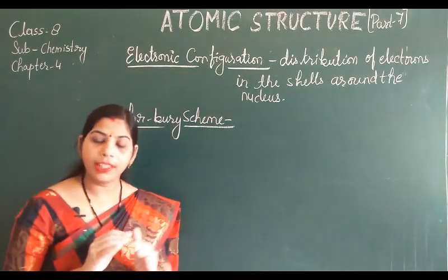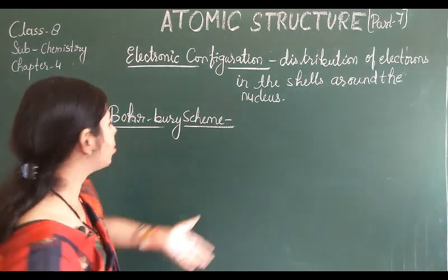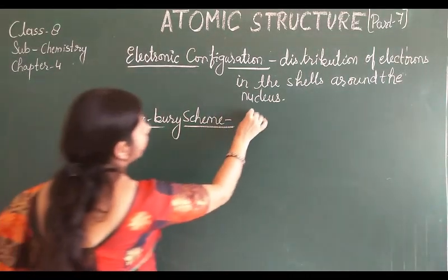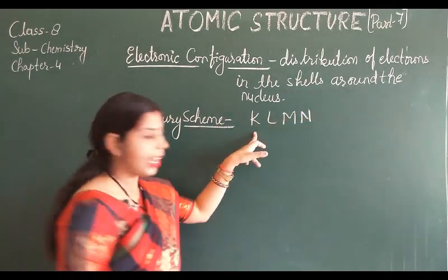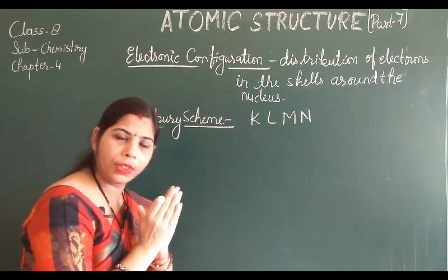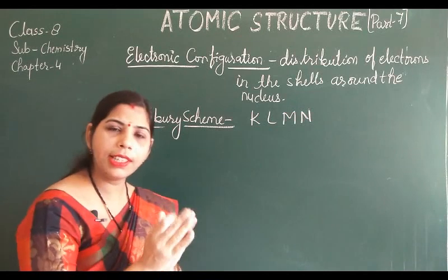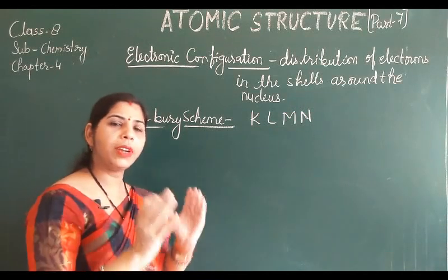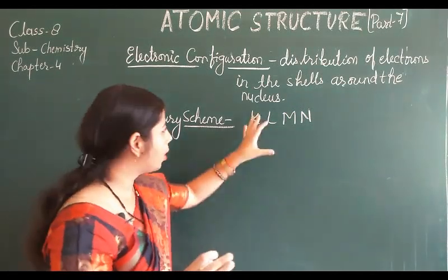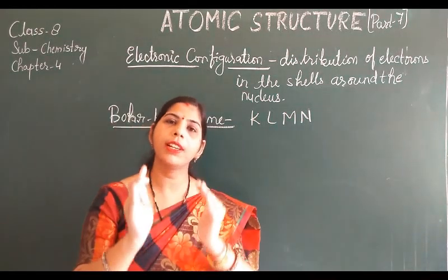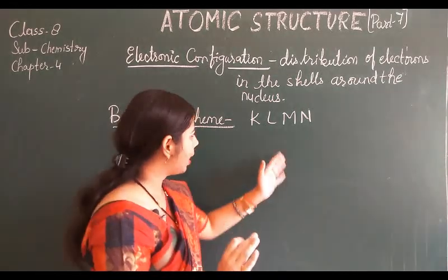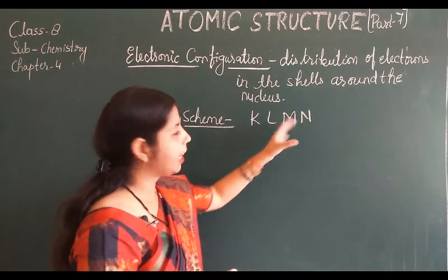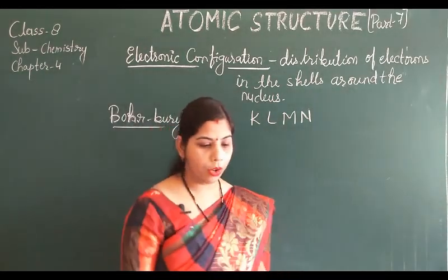He told that starting from the nucleus, the shells are K, L, M, N. So the K shell is closest to the nucleus, that's why it has the least energy and it can accommodate the least number of electrons, because the closer to the nucleus, the lower the energy. And as they go farther from the nucleus they have higher energy, so they can accommodate more electrons.